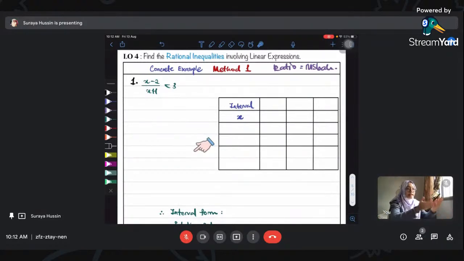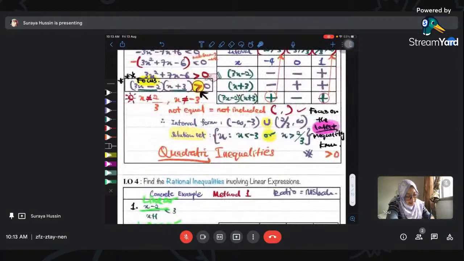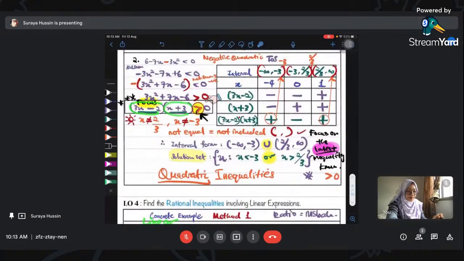Okay, rational means you dah tak nampak quadratic. Quadratic is quadratic lah. Quadratic inequality itulah quadratic. Tapi kalau rational inequality dah tak nampak quadratic tapi you nampak rational dalam bentuk bahagi. Linear bahagi linear. Tadi quadratic, you nampak linear darab linear.